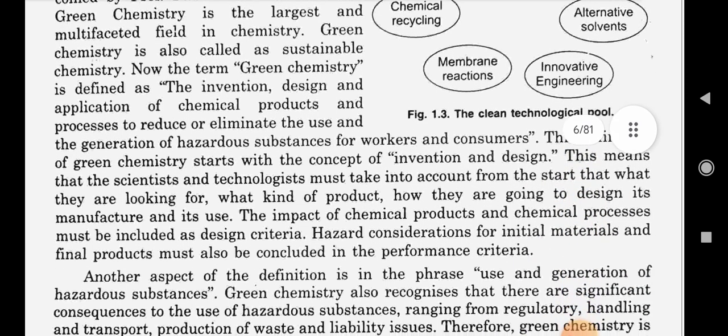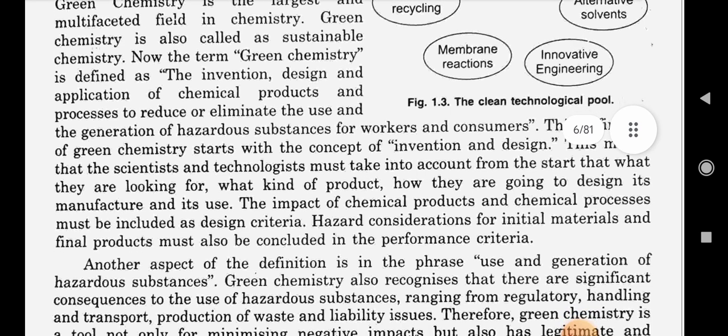Now, the term green chemistry is defined as the invention, design, and application of chemical products and processes to reduce or eliminate the use and generation of hazardous substances for workers and consumers. This definition of green chemistry starts with the concept of invention and design.